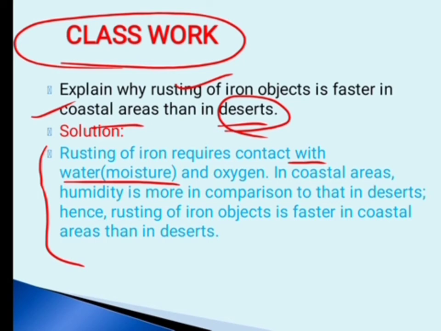In coastal areas, humidity or moisture content is more in comparison to that in desert. Hence, rusting of iron objects is faster in coastal area than in desert area.